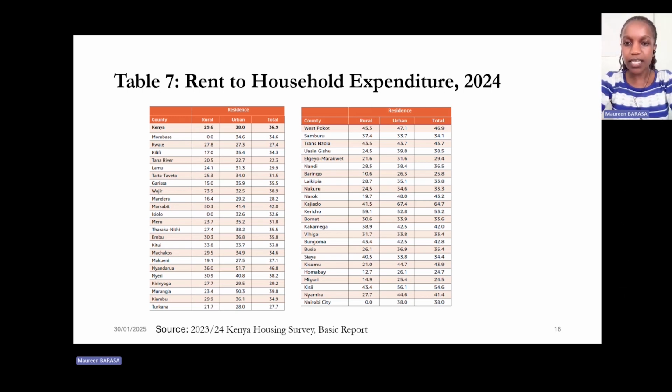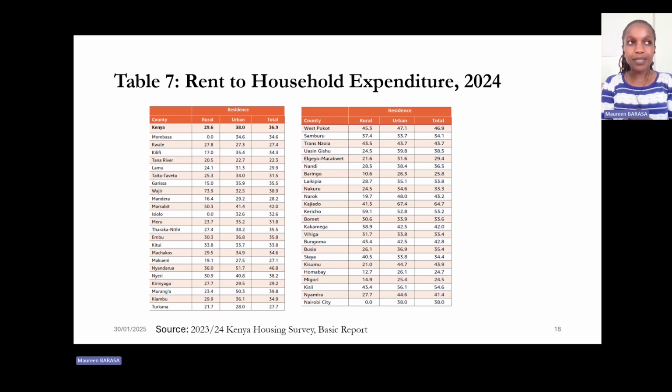And this is explained in the Kenya Integrated Budget and Household Survey. Different households tend to pay a disproportionately higher share of their income on housing, and it comes second after food. So from this, urban households tend to pay 38% of their expenditure.